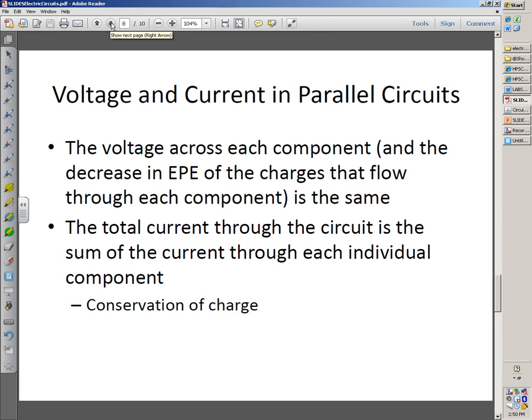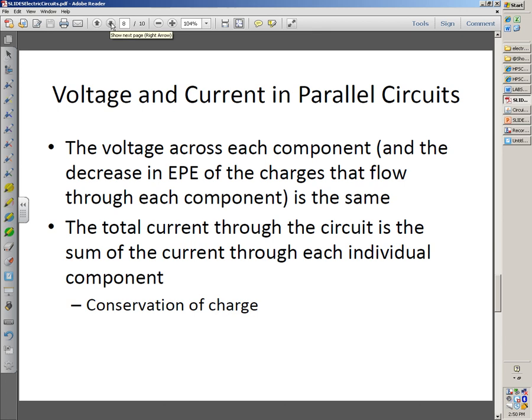All right, are we good there? The last part of the outline talks about what happens if I start taking certain wires out.